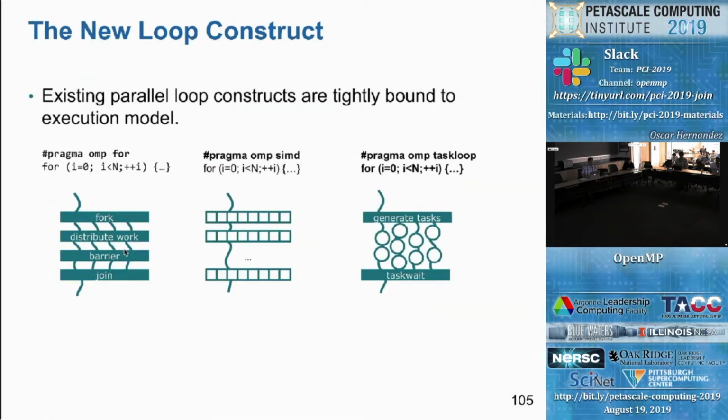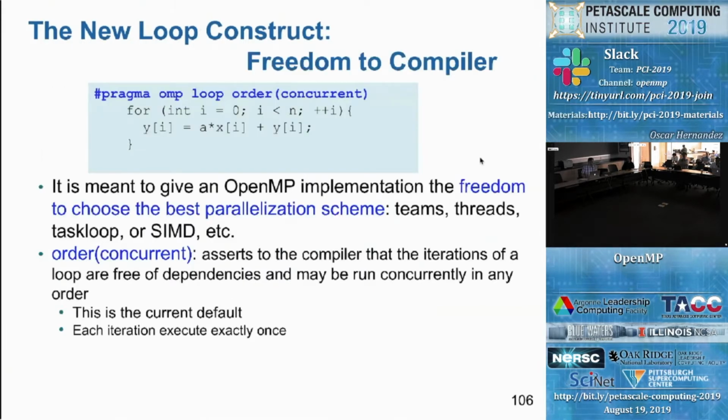So, for example, with the loop construct, instead of specifying pragma omp for or pragma omp simd or pragma omp taskloop, depending on whether you are within a target region or not, if you just use the OpenMP loop, the compiler will pick which type of loop, how you want to parallelize this.